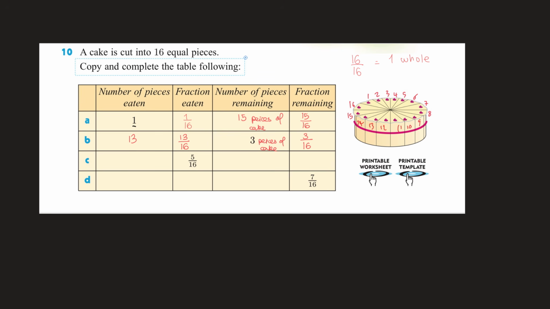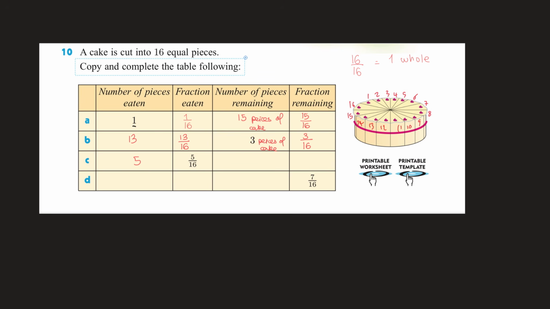Okay, let's continue. What we have, a fraction that is eaten, 15 out of 16 that was eaten, so that means 15 pieces of cake were eaten. How many would be remaining? Sorry, not 15, 5. 5 pieces of cake that were eaten. And then we have how much piece would remain.